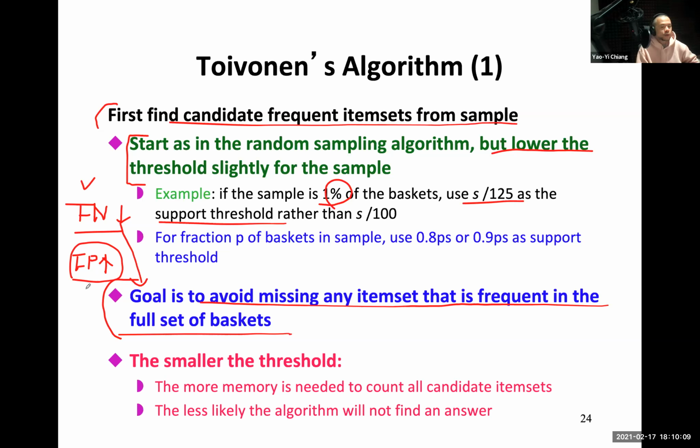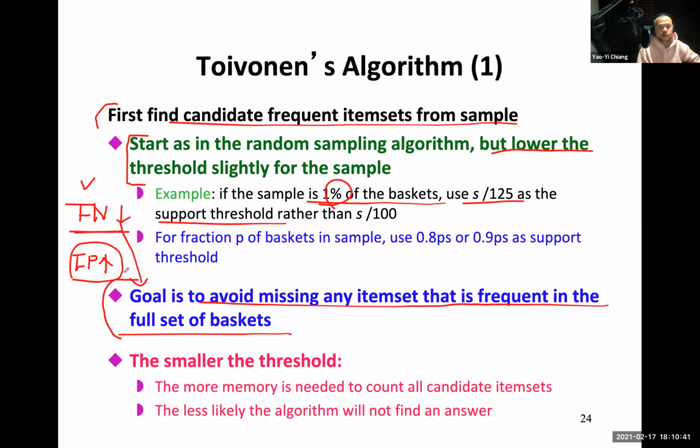Yeah, we want to find frequent item sets, but remember when you use a smaller support threshold, you minimize false negatives, but you also increase false positives. Why is this okay? Why is increasing false positives okay? Because we are running a full pass later. So yes. Yeah.